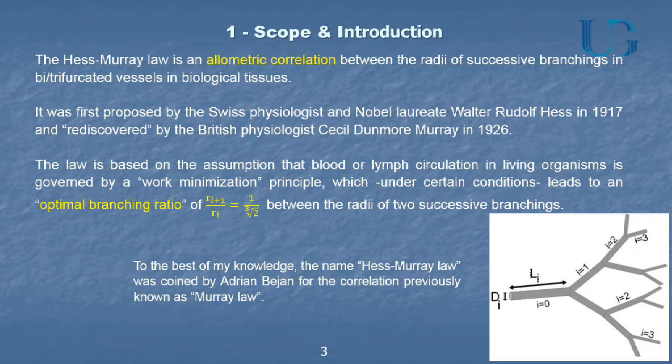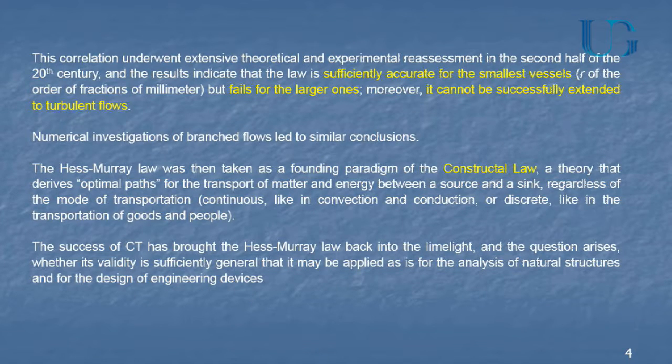The law was initially called the Murray law. It was Adrian Bejan in '96-'97 who named it the Hess-Murray law. Okay, next please. The law, as we said, relates the radii of bifurcations.